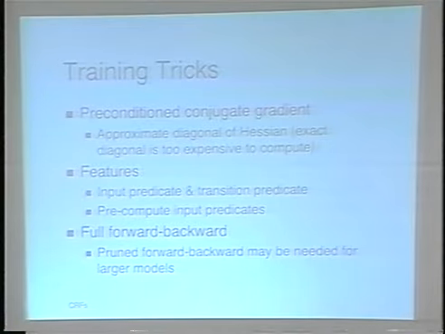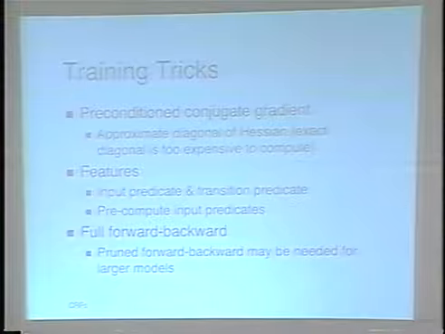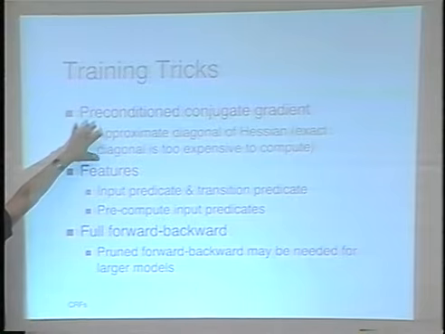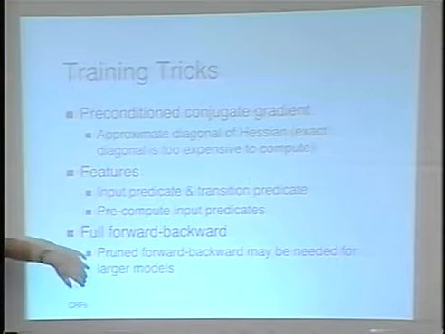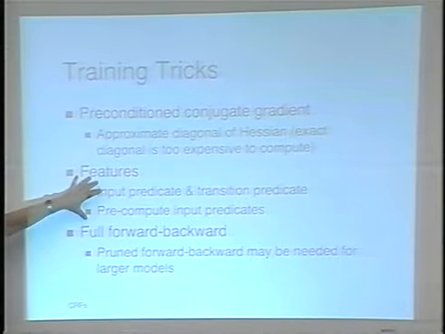So you take a very fast, simple approximation of the diagonal of the Hessian, and you have to make sure that some of the terms are all positive, and if not, you just throw it away, and this makes a huge difference. And there's some various pre-computation of features.